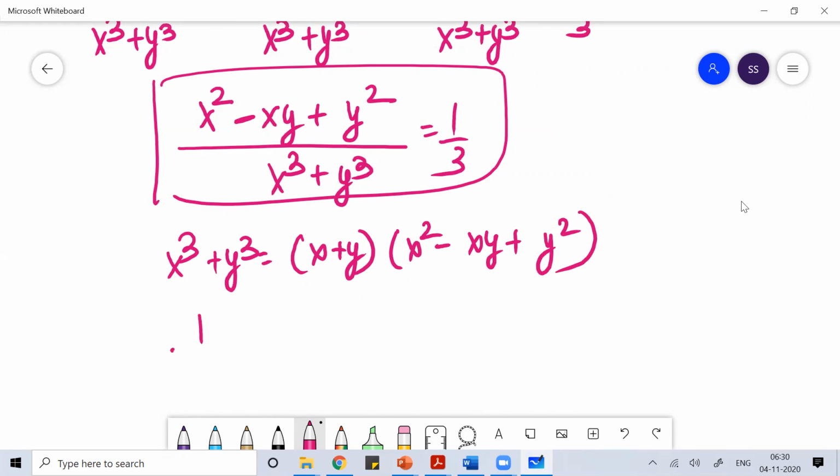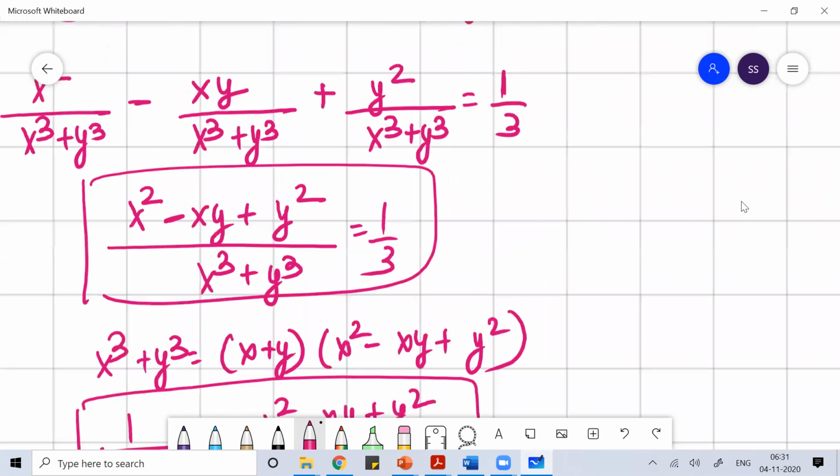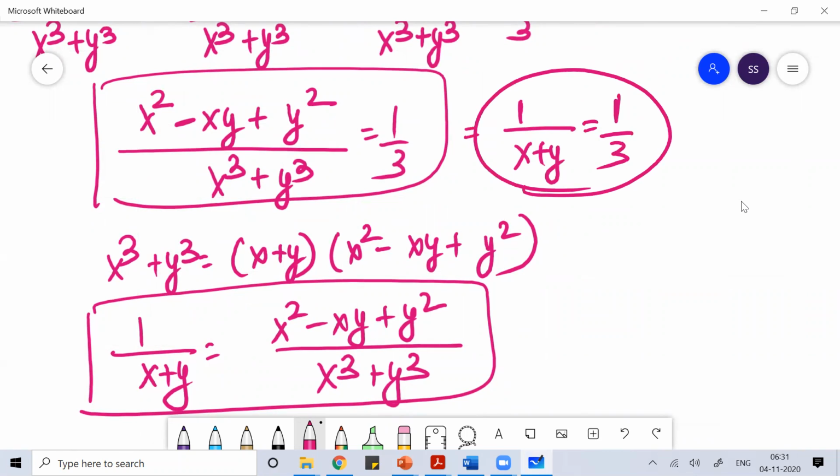So you can write 1 by x plus y is equal to x square minus xy plus y square divided by x cube plus y cube. So in place of this, I can write 1 by x plus y is equal to 1 by 3. So x plus y is equal to 3.